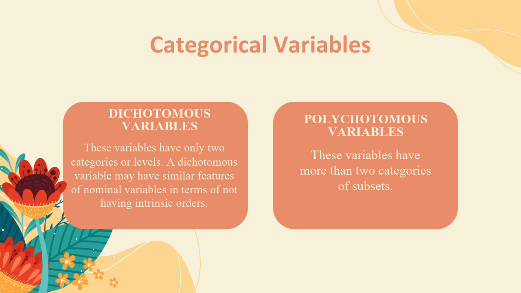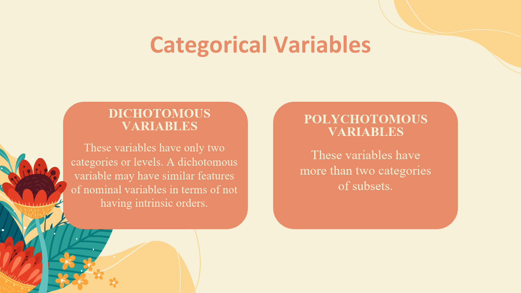Next, dichotomous variables. These variables have only two categories or levels. A dichotomous variable may have similar features of nominal variables in terms of not having intrinsic order.